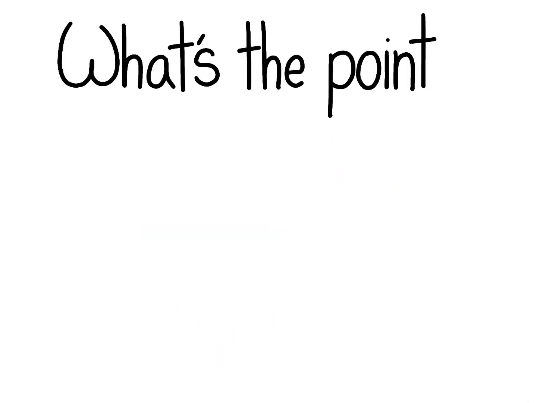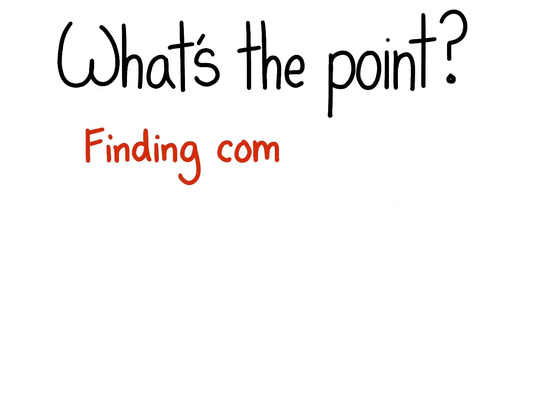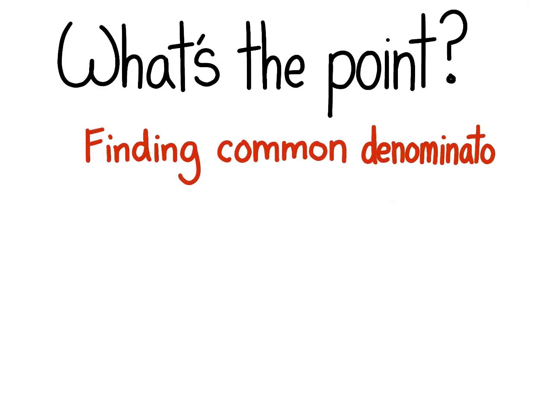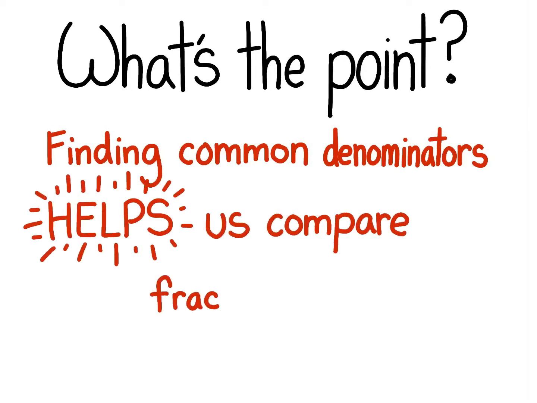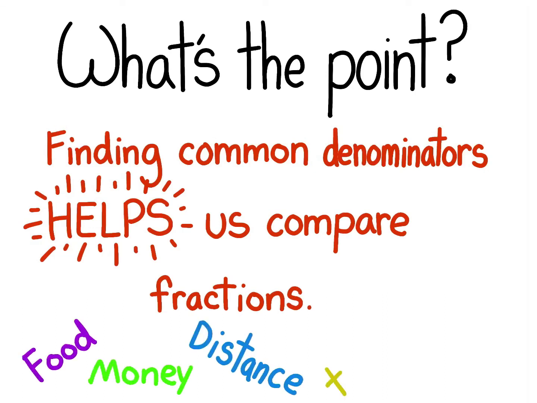You're probably wondering to yourself, what's the point of all this? Finding common denominators helps us to compare fractions. As you grow older, you'll see that you're constantly comparing fractions with different denominators in food, money, the distance something travels, the time something takes, the capacity of a container.